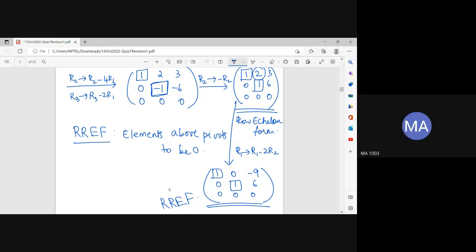You're replacing R1 with R1 plus some scalar multiple of some other row. You're not doing anything to R2; R2 is as it is. Okay, ma'am. Thank you. You can proceed.